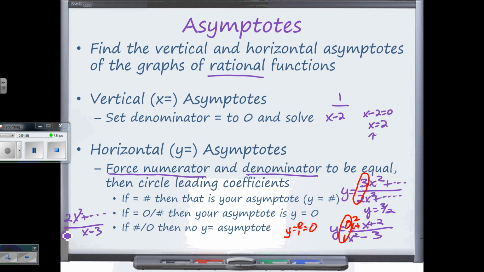Well, now I'm going to put the 0x squared on the bottom. Now when I circle those, I have 2 over 0, which is undefined. So when it's undefined, 2 over 0, then I don't have a y equal asymptote in that situation. So we're going to move on.